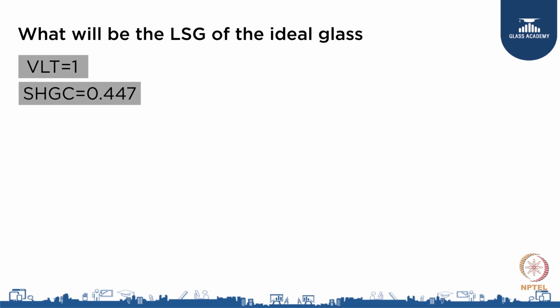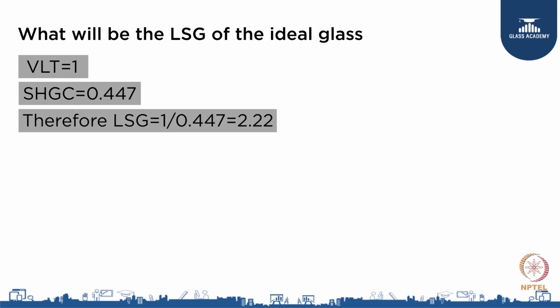Therefore, the SHGC of the glass would be 0.447. Hence, LSG of the glass would be 1 divided by 0.447, which is equal to 2.22. So this is the LSG of the ideal glass. Usually in real life, we will not get glass which will have LSG hitting so high.